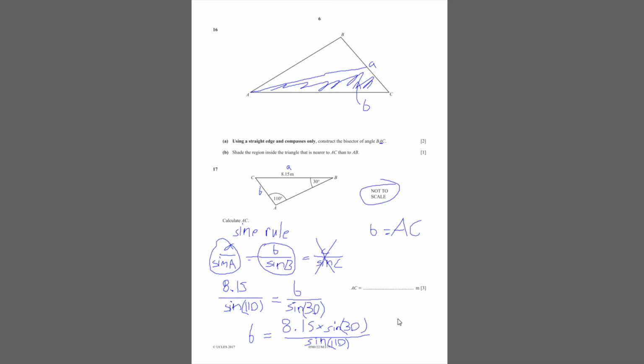Now, when you put that into your calculator, you should get a result of 4.337, or 4.3365. I've just rounded the 6 and 5 into a 7.